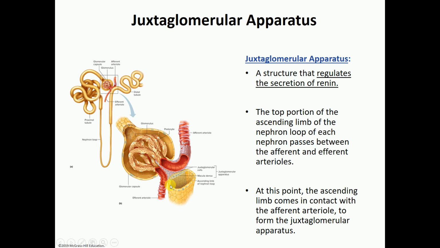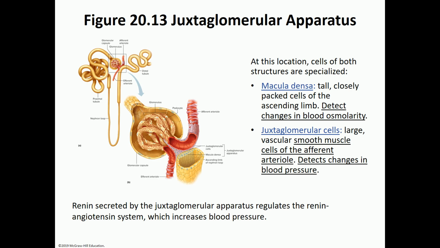You can see that there are some cells here that are found in the ascending limb, and those cells are known as the macula densa cells, while other cells are found in the smooth muscle fibers of the afferent arteriole, and those are known as the juxtaglomerular cells. Here again, you can see those cells.